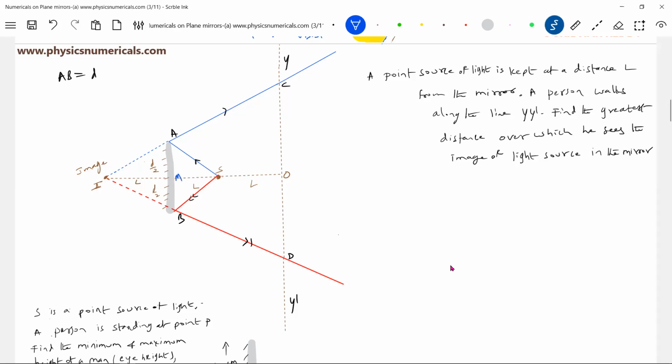Look at the triangles IMA and IOC. They are similar triangles. From that, take this angle theta. Tan theta should be equal to D by 2 by L, which should be equal to OC by 3L.